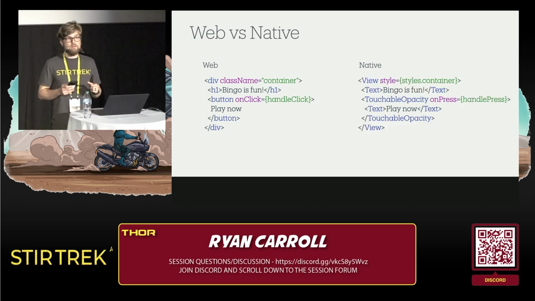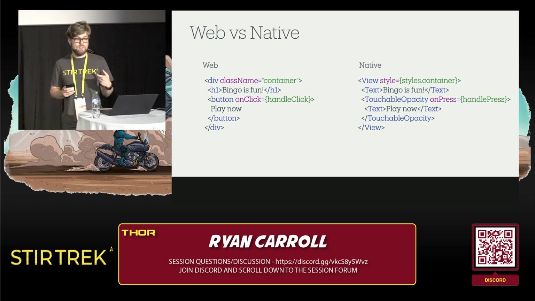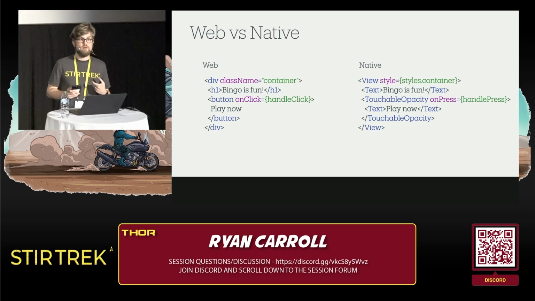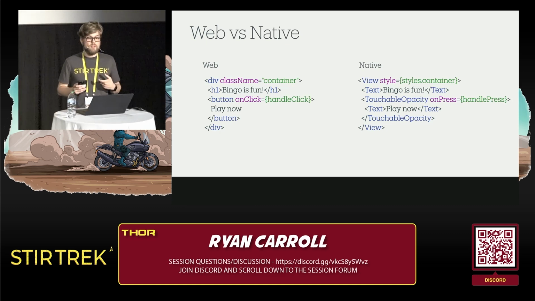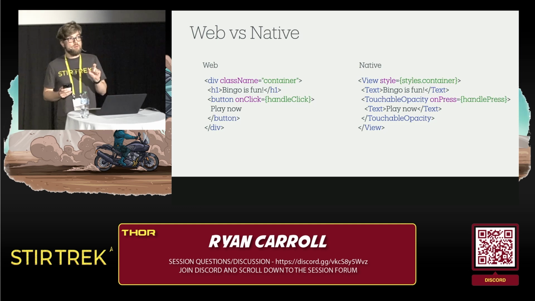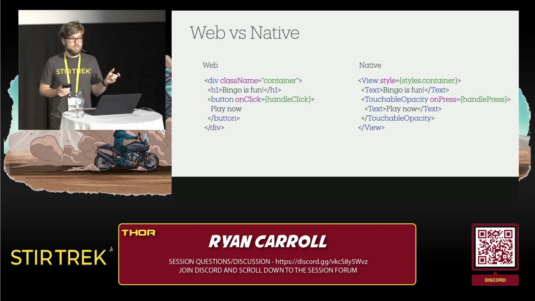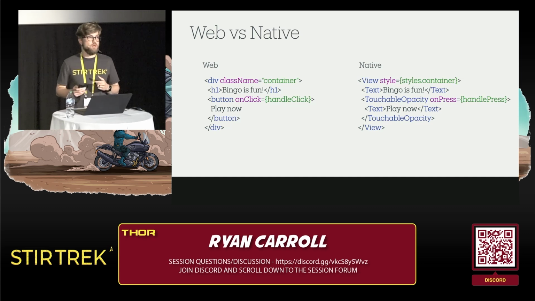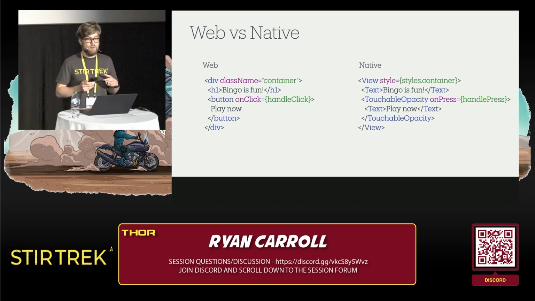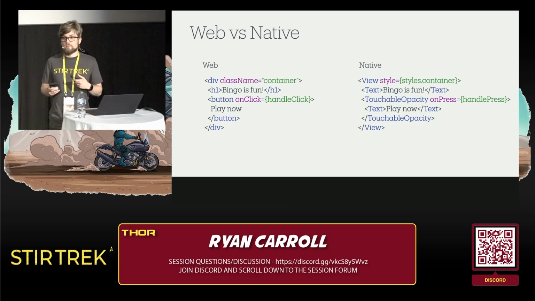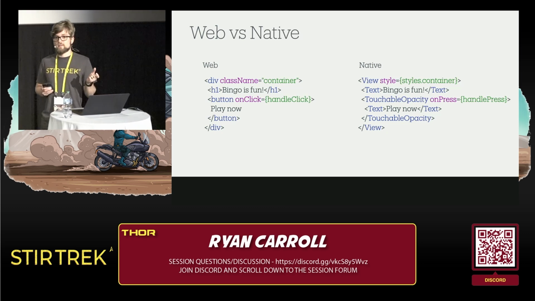React Native brings those components into play that it offers. So here's the same thing on the right side, but written in React Native instead. You're using a view component instead of a div, and you're using a text component instead of a paragraph or an h1 or however you want to display your text. And then instead of a button, I'm using a touchable opacity, and that click handler is now an on-press handler.